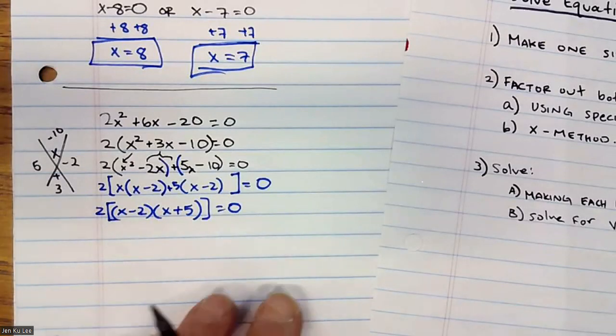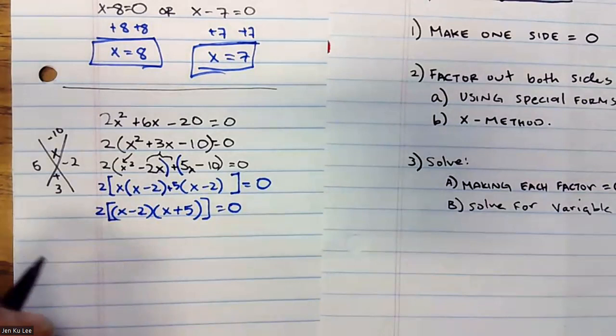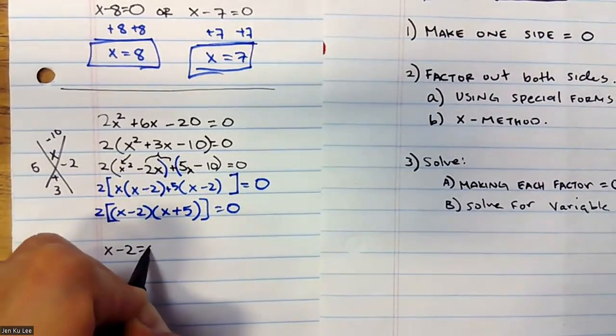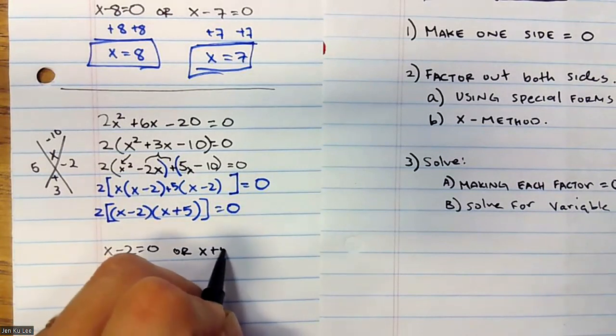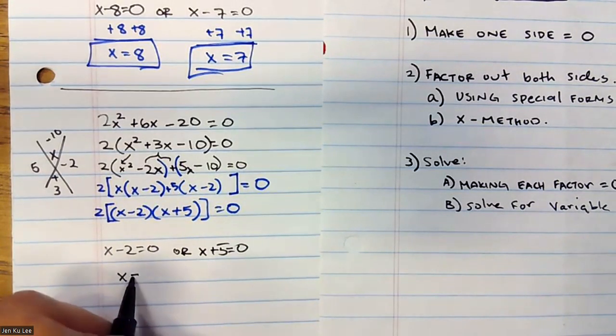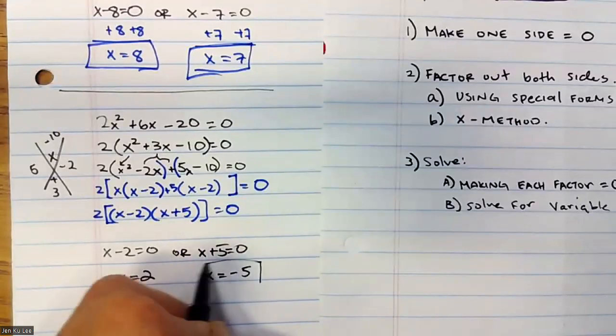So I'm going to solve it by making each factor equal to 0. So x minus 2 equals 0, or x plus 5 equals 0. So here x is equal to 2 and x is equal to negative 5.